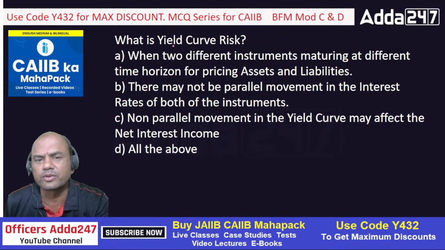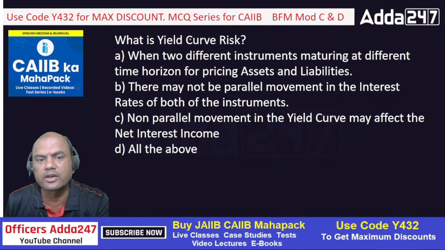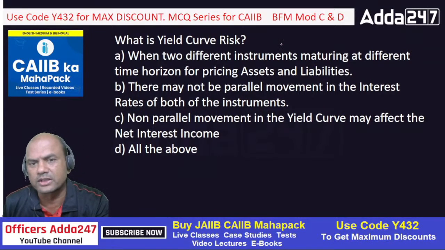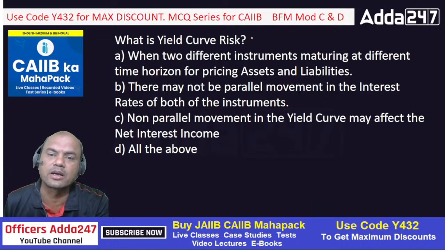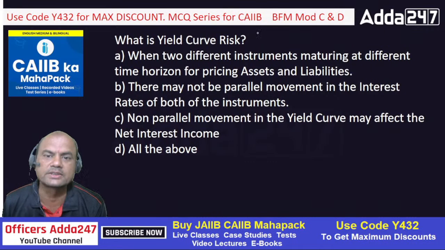Firstly, what is yield curve risk? What do you understand by this? Okay, let me see if the answer is given over here. When two different instruments maturing at different time horizons for pricing assets and liabilities. Means two different instruments here. Generally, yield curve risk is compared with same rating bonds. Let's say the bond is having A plus security rating.